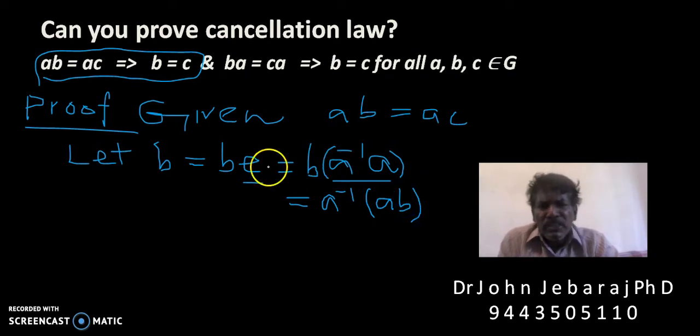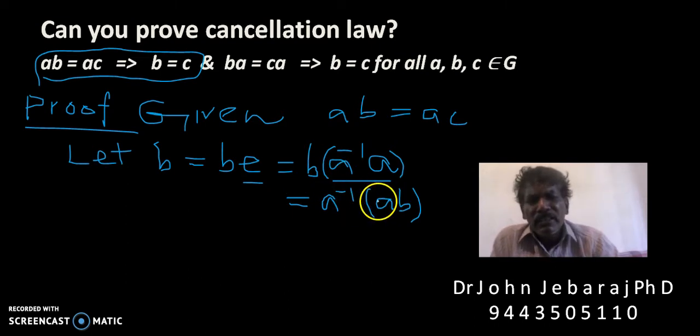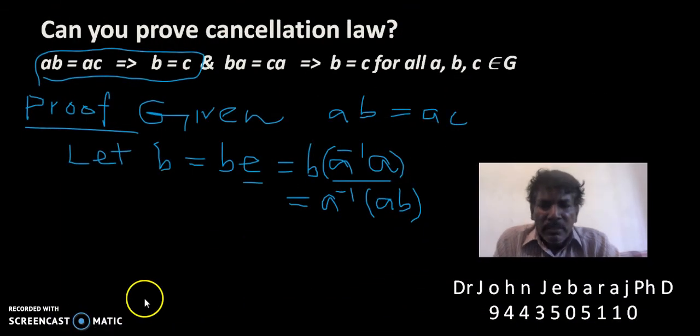We can associate any three elements in a group in any way we want, but the resulting element doesn't change. That way I am associating differently here.